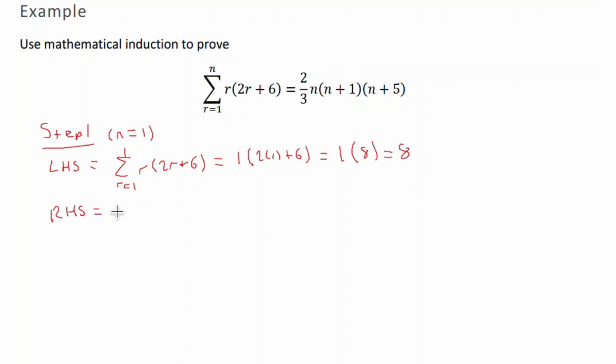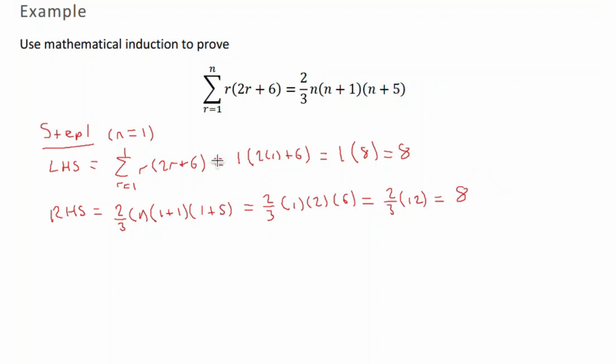The right-hand side is equal to 2/3 times 1 times (1 + 1) times (1 + 5). That's 2/3 times 1 times 2 times 6, which is 2/3 of 12, and 2/3 of 12 is indeed 8.